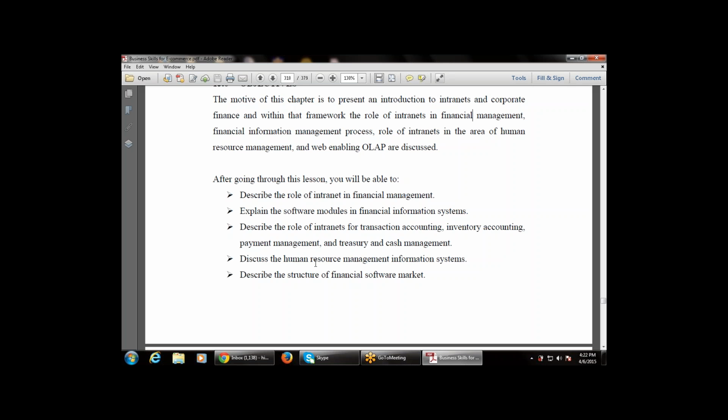That is, how to use the internet in various accounting fields like inventory management, transaction accounting, payment management, and cash management. Then discuss the human resource management information system, that is HRMIS. Then describe the structure of the financial software market, that is, what the financial software market is and what the structure of this market is.